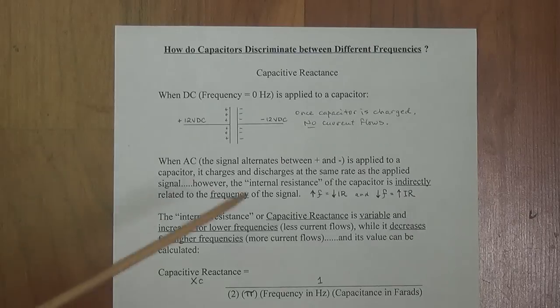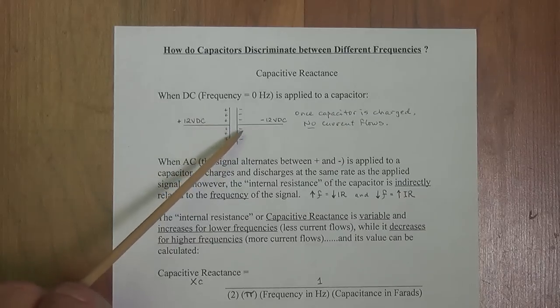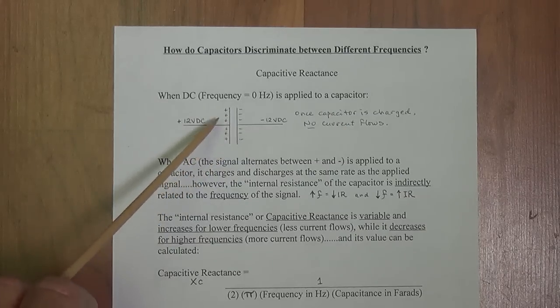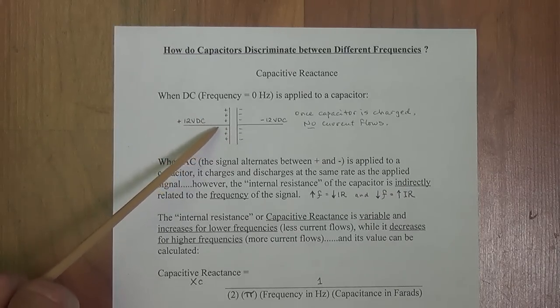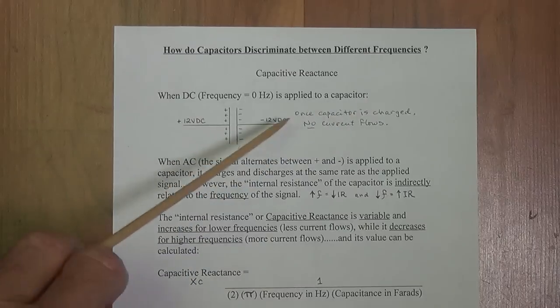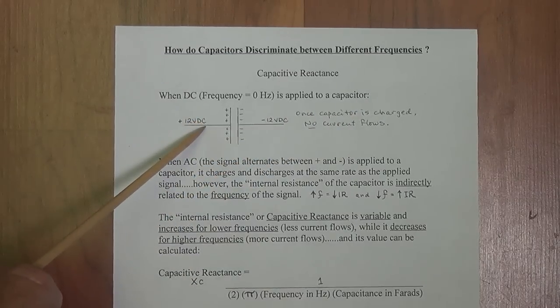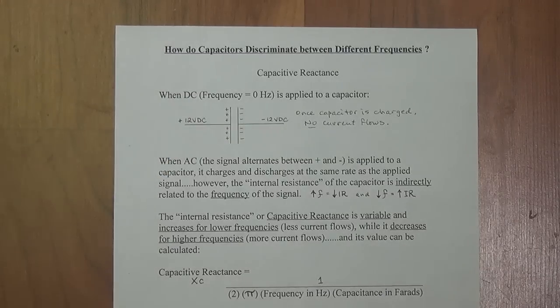In a way, you could almost look at capacitors as potentiometers, with the rotation of the potentiometer based on the frequency of the incoming signal. High frequency, we're going to turn that volume way up and let it pass. Low frequency, we're going to turn that volume way down and hinder the passage.